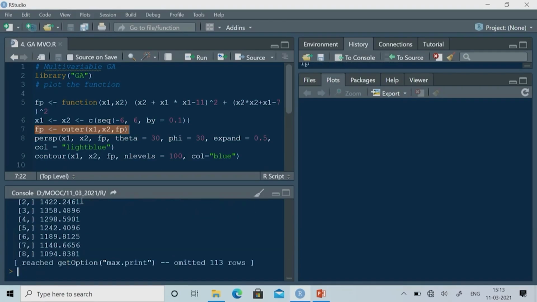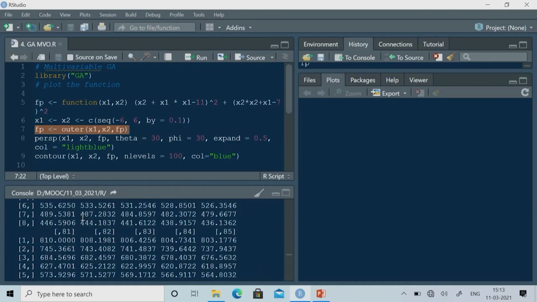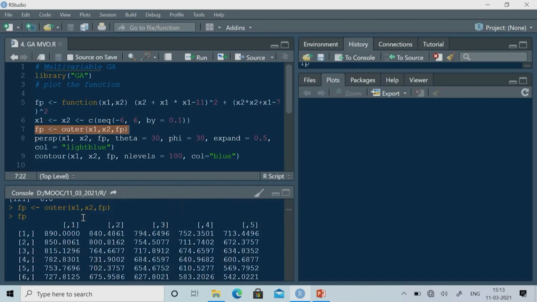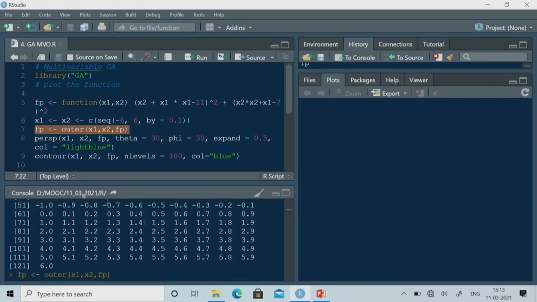It is not showing all these points, but you are getting the function value at each grid point, like 1 1, 2 2, 3 3, 1 1, 1 2, 1 3, something like that. And then to plot this function, I am using the particular function available in R, persp. This is the function I am using to plot this.